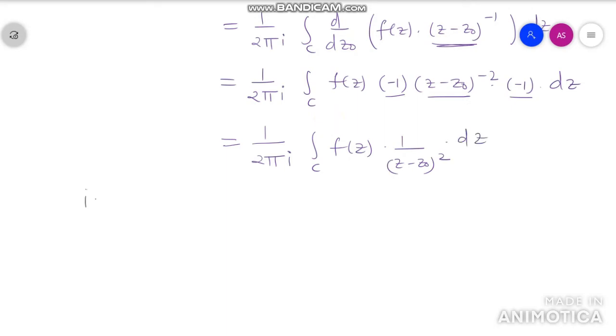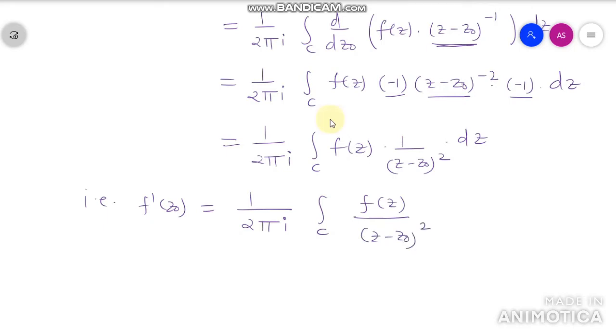That is, f dash of z0 equal to 1 upon 2 pi i integral over C f of z divided by z minus z0 bracket square dz. Suppose this is equation number 2.